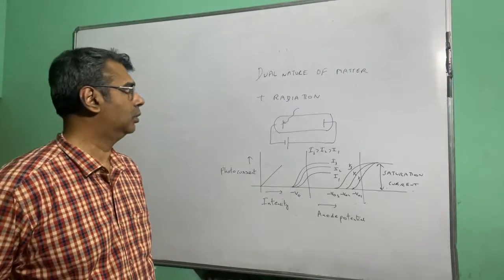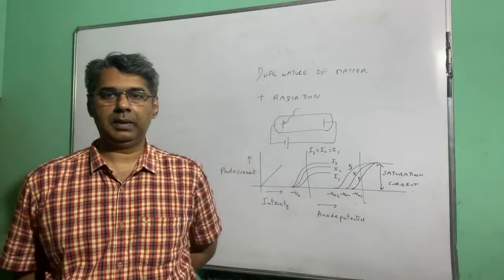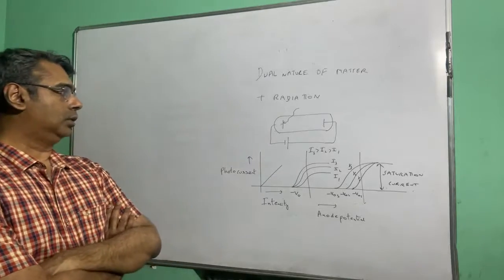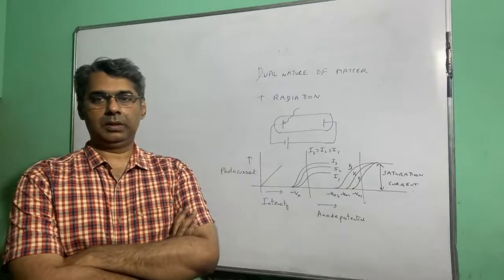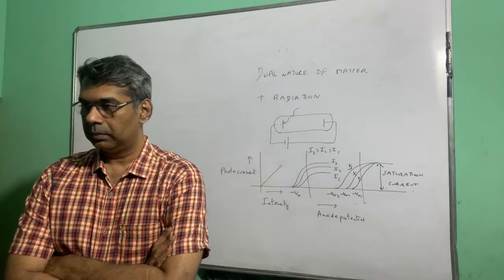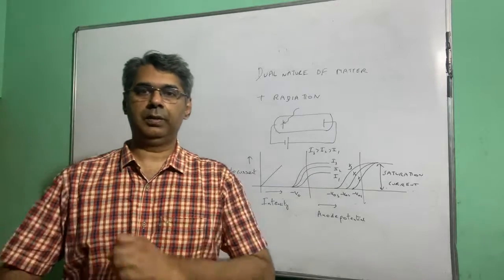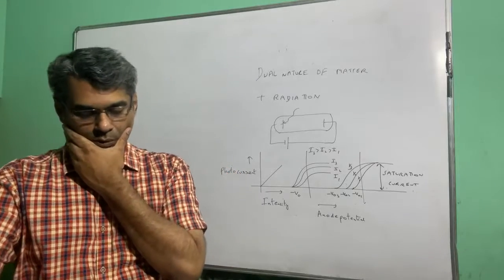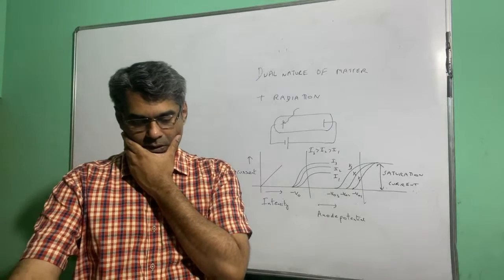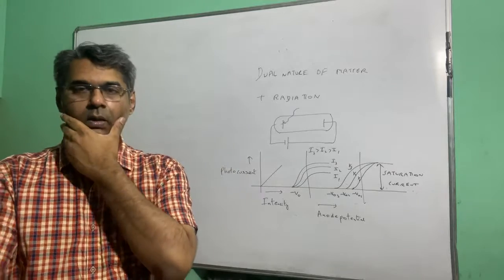Today we are going to do the chapter Dual Nature of Matter and Radiation. In this chapter we are basically going to discuss two things.